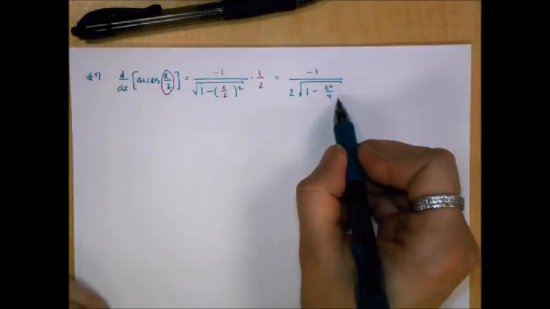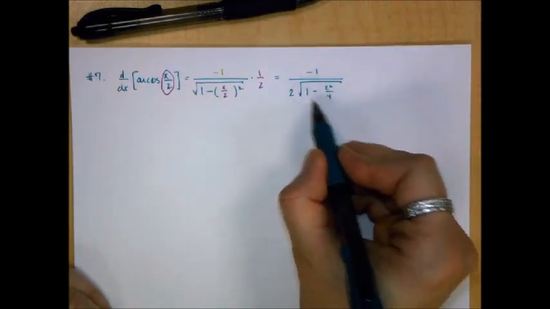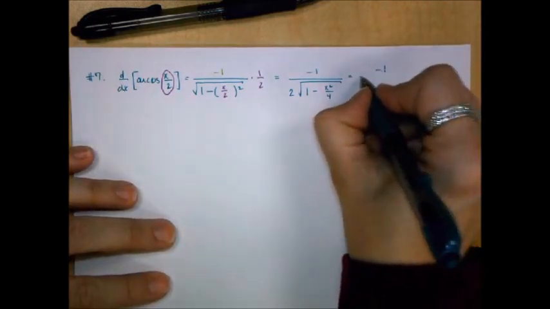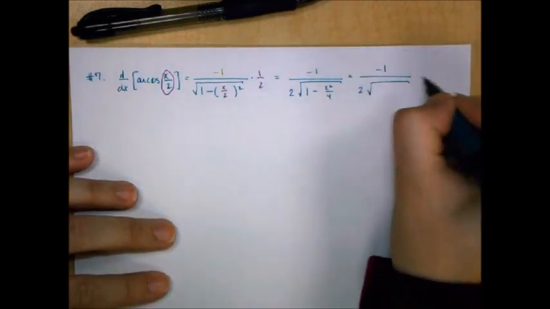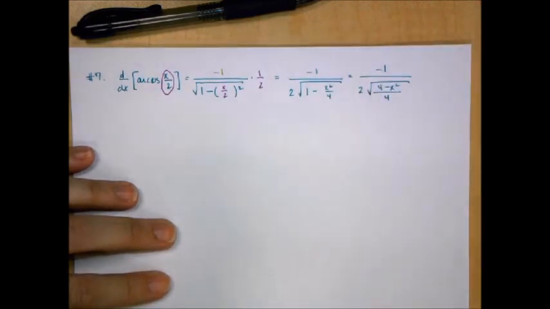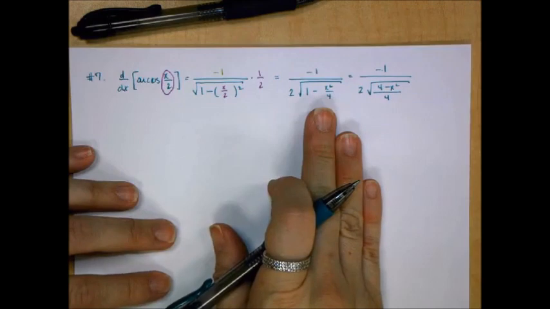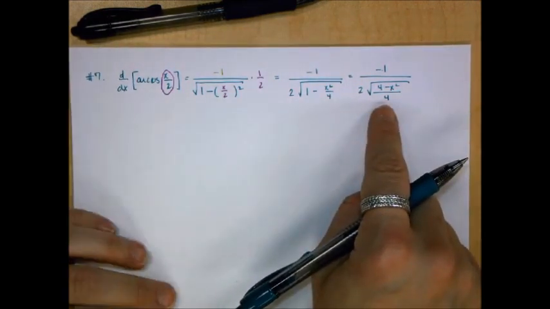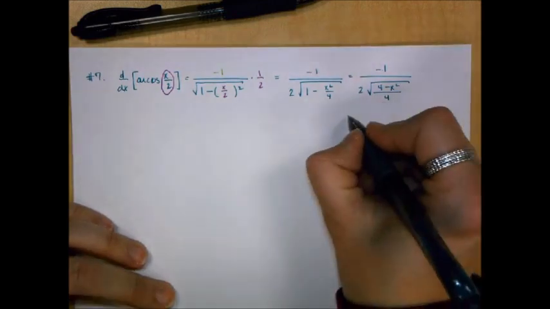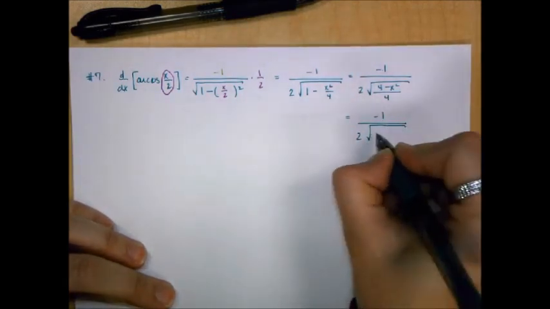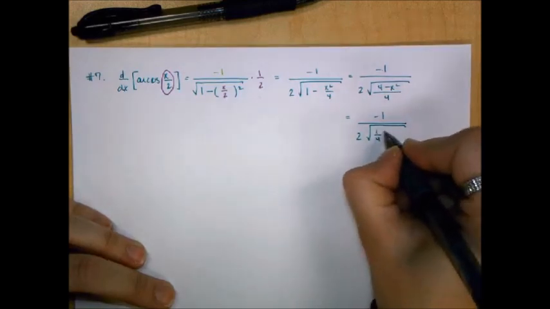So this will become negative 1 over 2 root 4 minus x squared over 4. So there's the common denominator inside. Now the nice thing is you've basically created one term, and if it helps, you might write it this way. You have a 1/4 of 4 minus x squared. That's what this is.